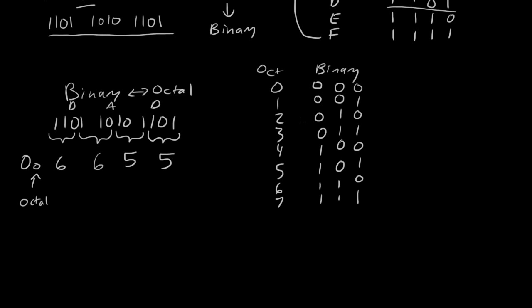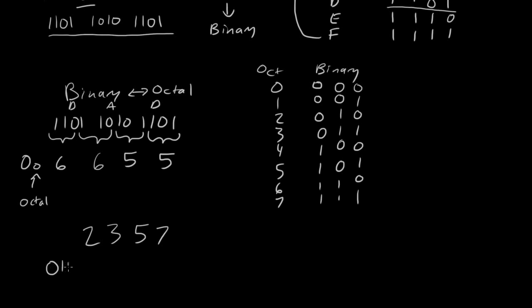If I had an octal number, say, I don't know, 2, 3, 5, 7, let's convert that to binary. It's just filling out these things, just look up and plug and chug.